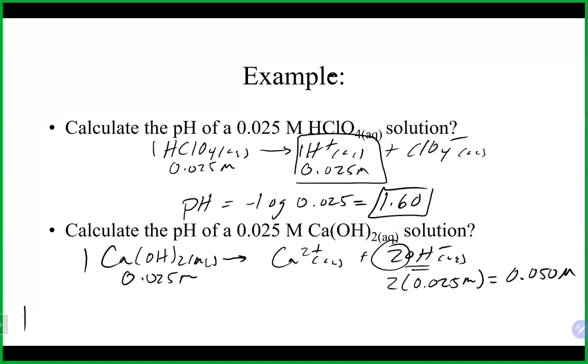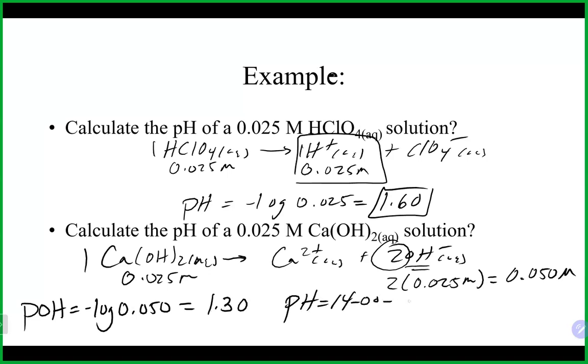That will go into, once again, our pOH, as that's the OH minus concentration. It's going to give us a pOH of 1.30, and then take our 14 minus our 1.30. Give us a 12.70 pH, which is good because that is basic in this case.